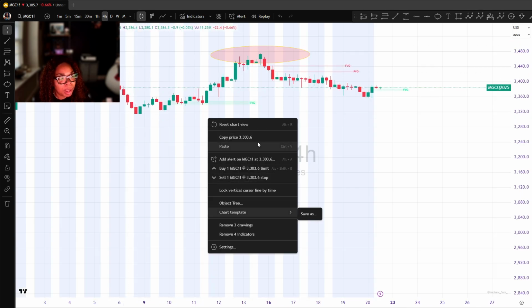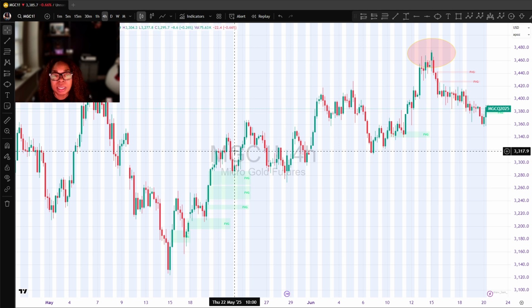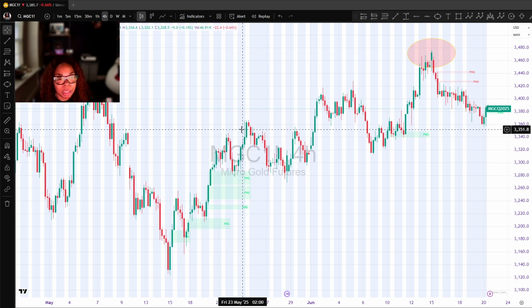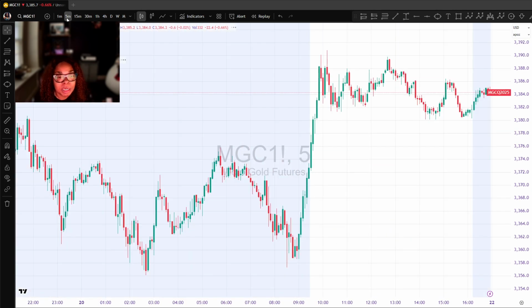When we drop down to the lower time frames, we can see a little bit more detail, which is why we look at the big picture and then zoom down to the smaller time frame so that we can see what it's doing on a more detailed level. If you drop way down to the 1 or the 5 minute, you're going to see a lot more details.